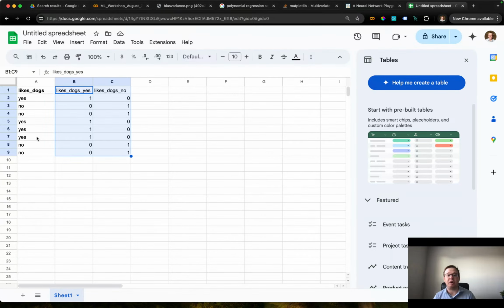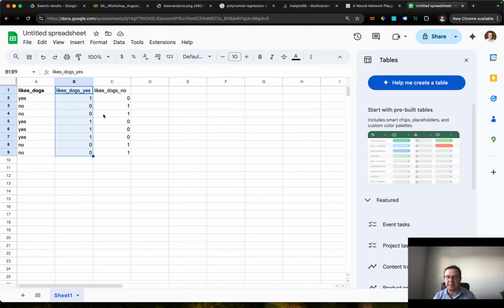So linear regression will automatically drop one of the categories of any given one-hot encoded variable, because the set of all of them together is a little bit redundant. Let me show you what I mean, right? Does the likes dogs no column give us any new information that the likes dogs yes column doesn't already give us?